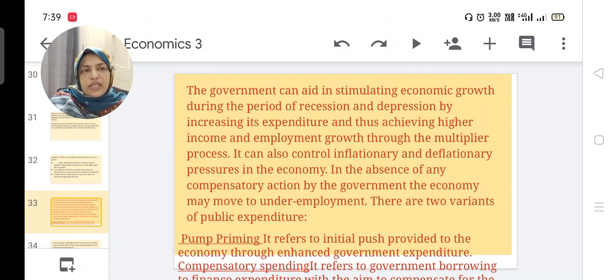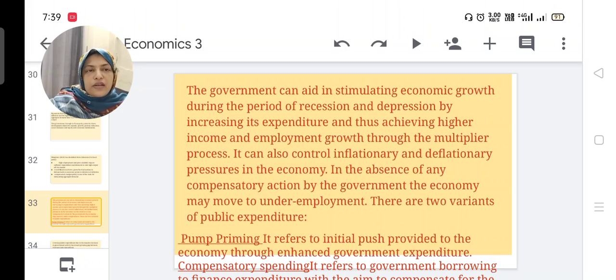The government can aid in stimulating economic growth during recession and depression by increasing its expenditure, thus achieving higher income and employment growth through the multiplier process.